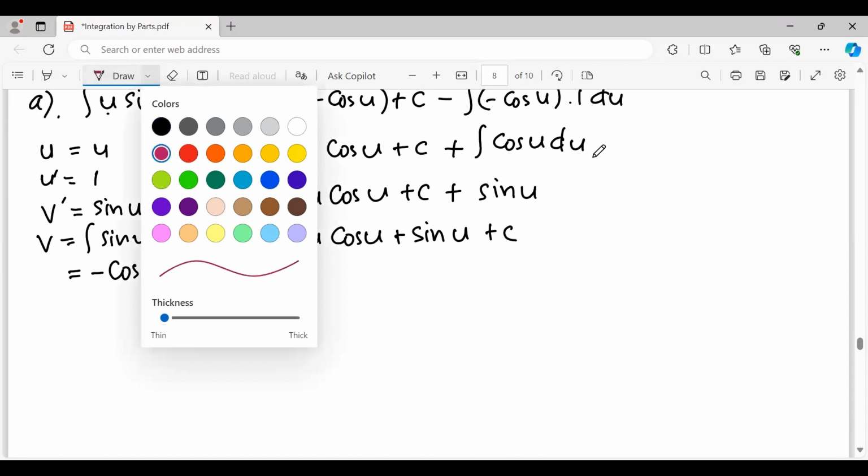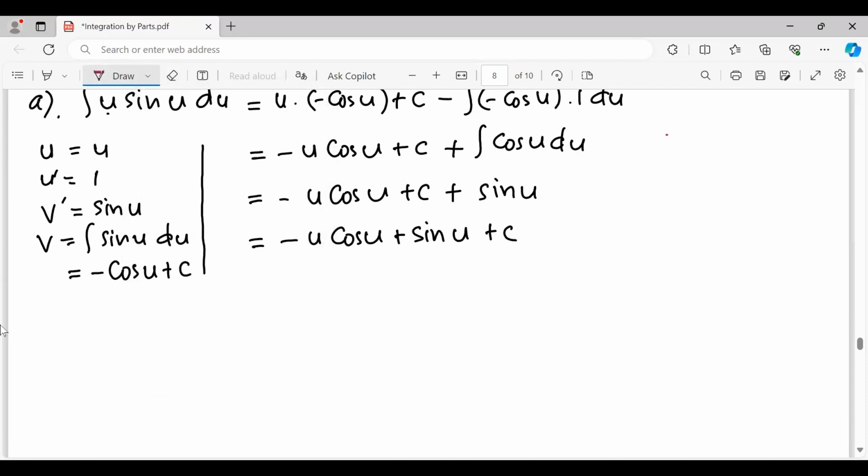Okay, part B. I'm going to use another color. The integral of sine square root 2x dx. So substituting u squared equals 2x, it means x equals half u squared.